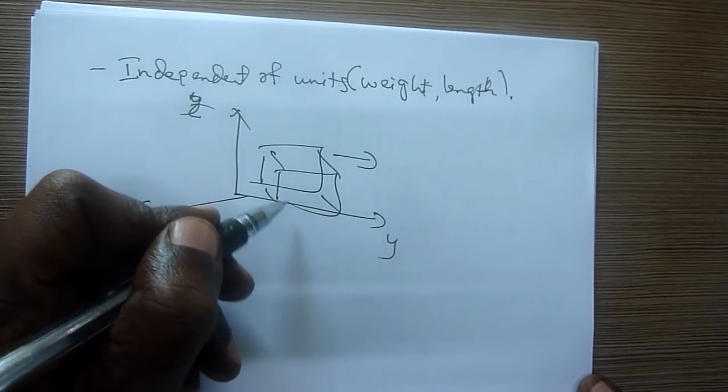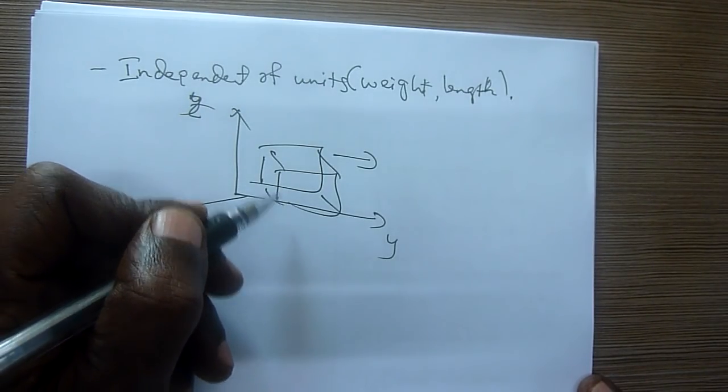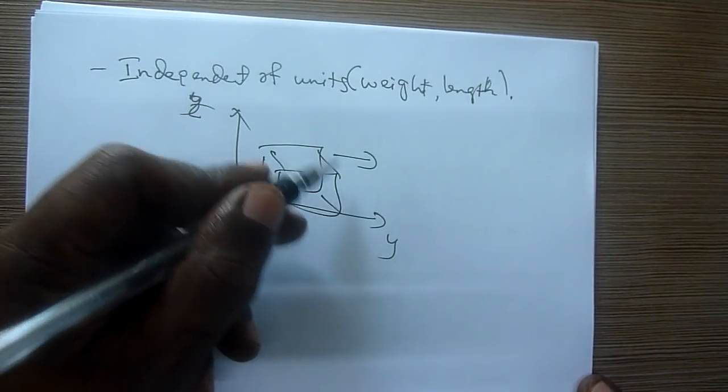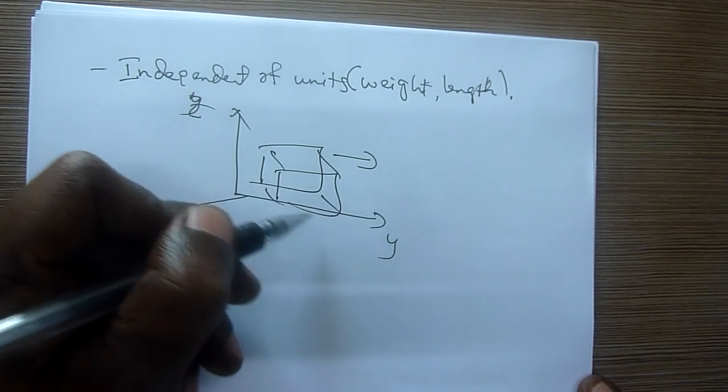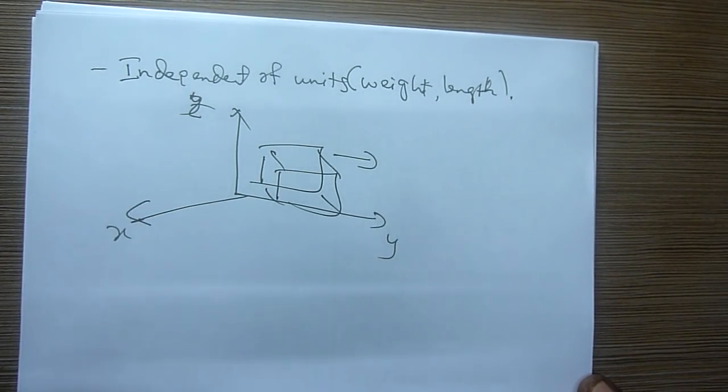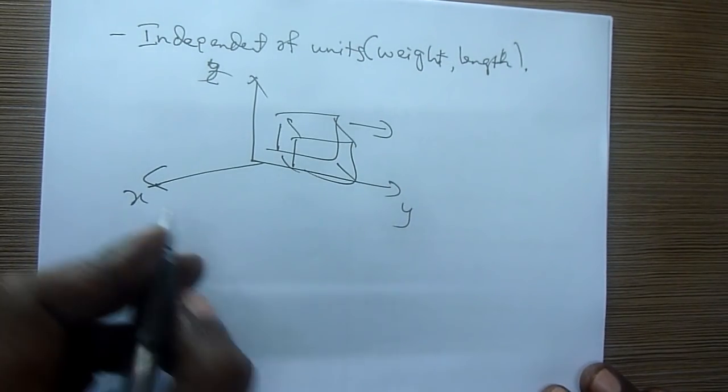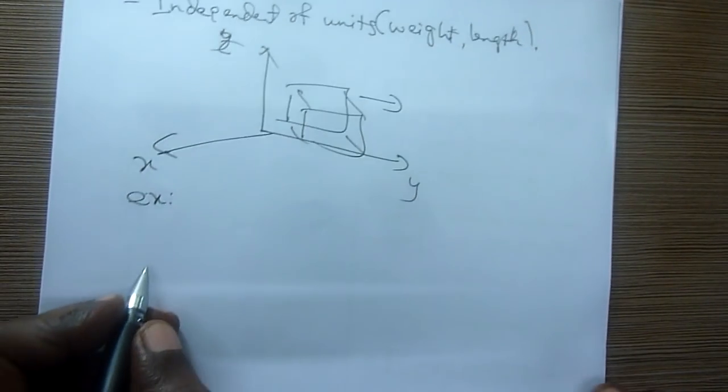We can address every piece of information about this object and its direction through a vector.